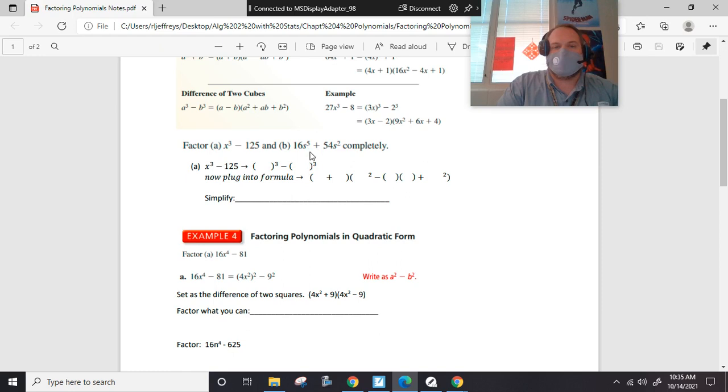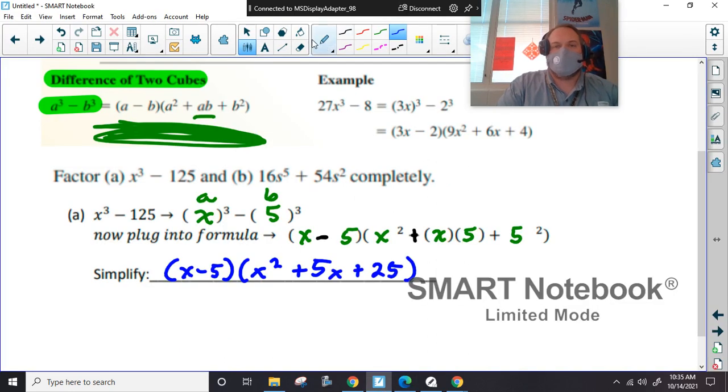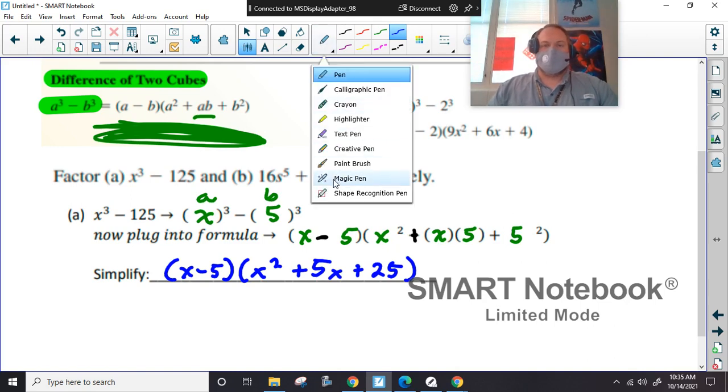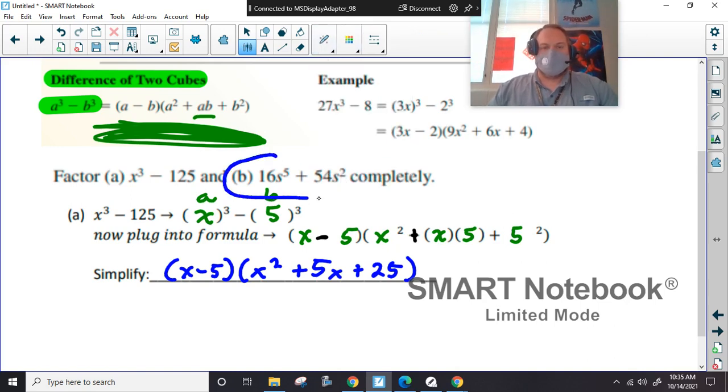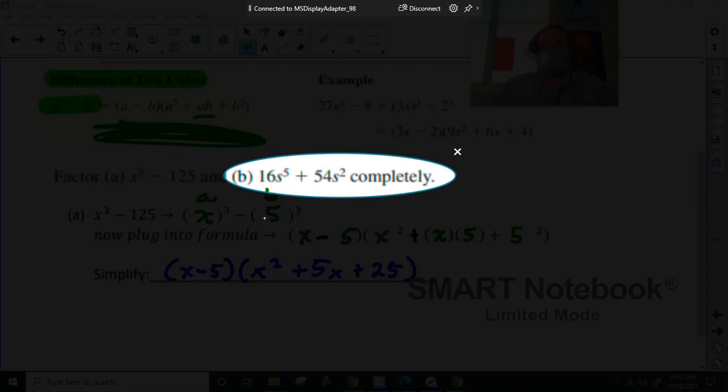This one right here, the 16s to the fifth plus 54s squared. Is this not on your handout? It is on your handout.